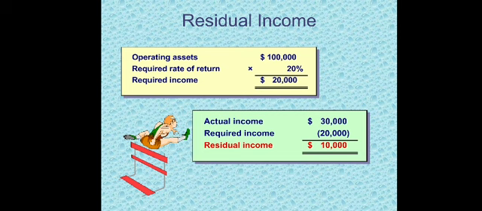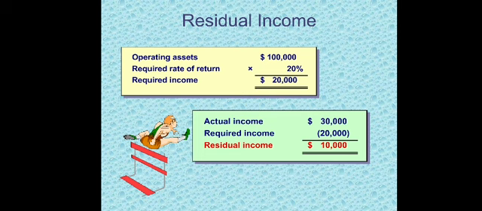So the required income is 20,000. The second step is to calculate the residual income: you take the actual income and subtract the required income. In this example, the residual income in the green box is 10,000.